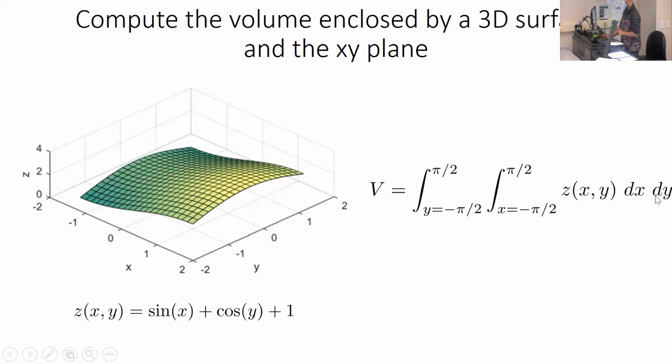What does dx and dy tell us? Dx and dy, volume under the x curve, y curve. Not entirely. So to figure out what dx and dy mean, think about what we did for 2D.